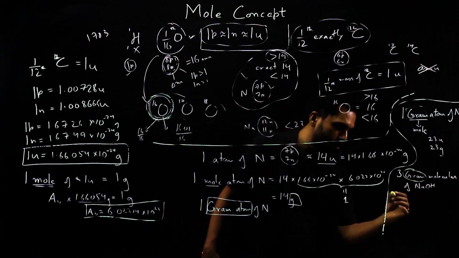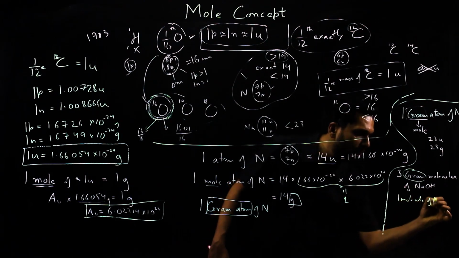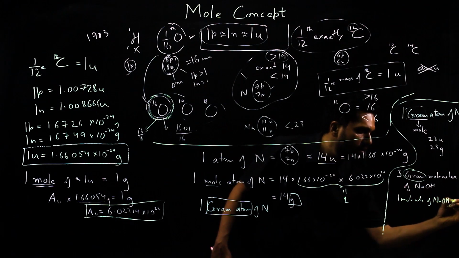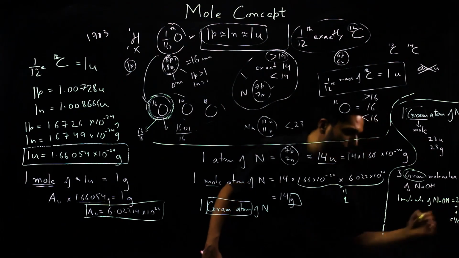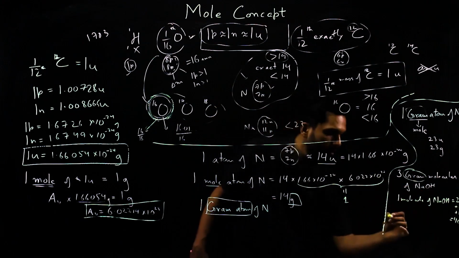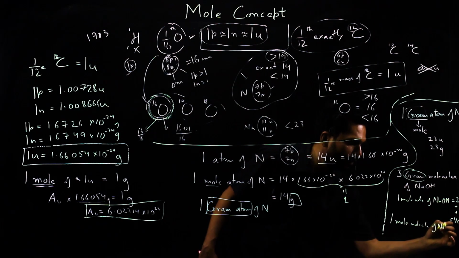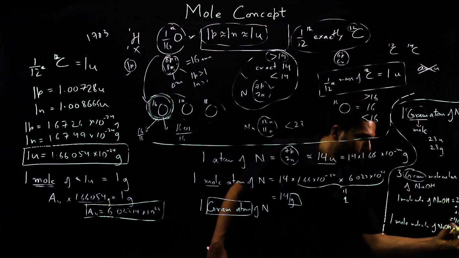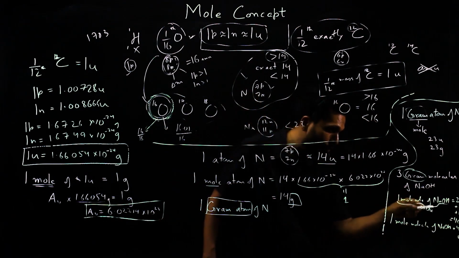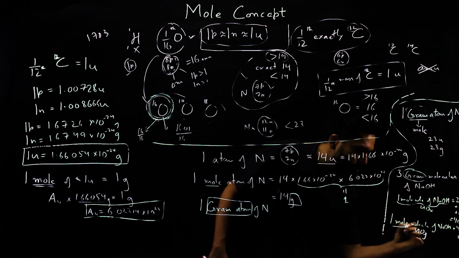So one molecule of NaOH weighs 23 plus 16 plus 1, which is 40 U's. So 1 mole of molecules of NaOH, or simply 1 mole of NaOH, will weigh 40 grams. 1 molecule of NaOH weighs 40 U's. So 1 mole of molecules of NaOH will weigh 40 grams.